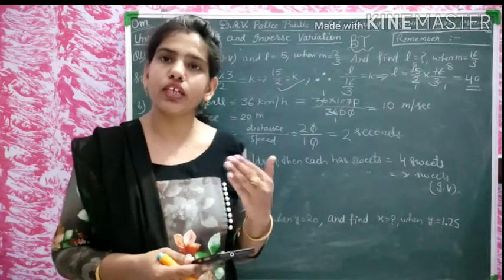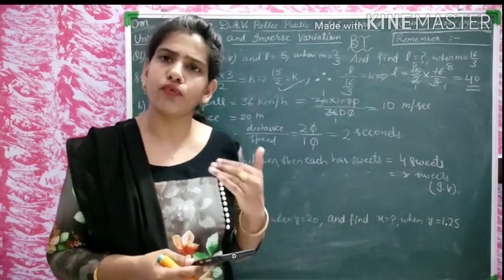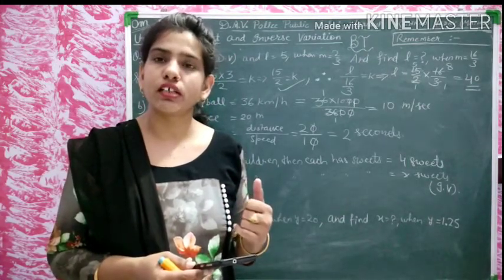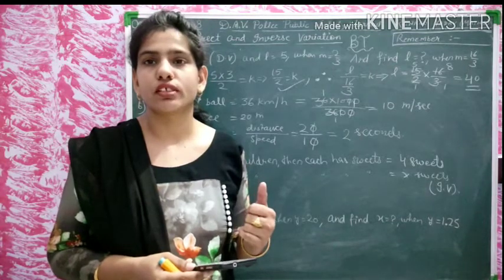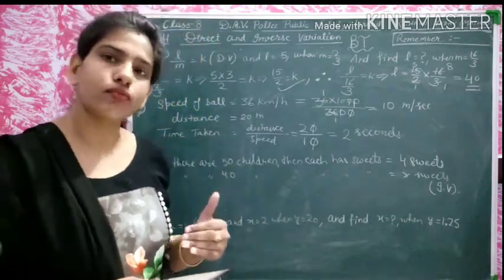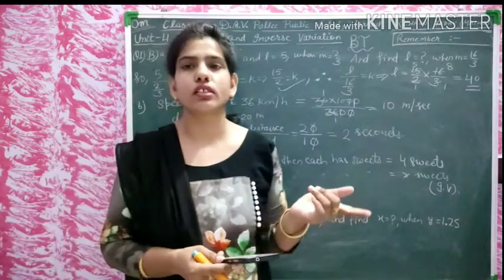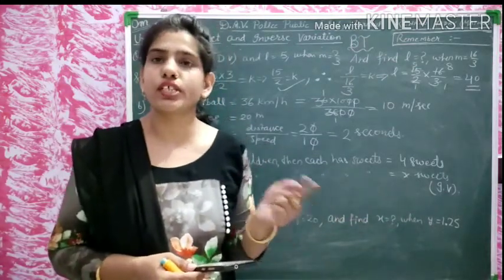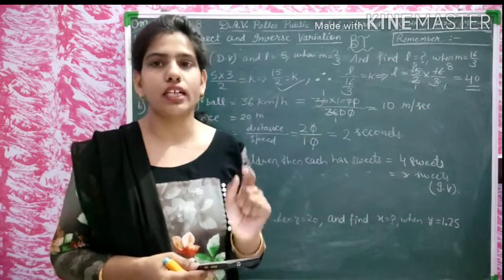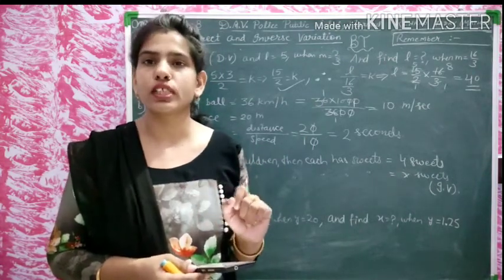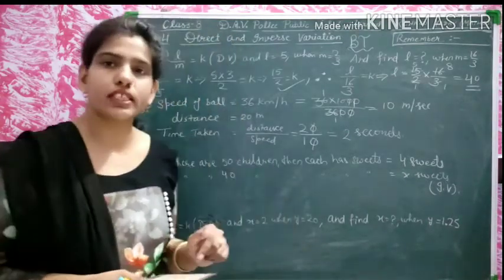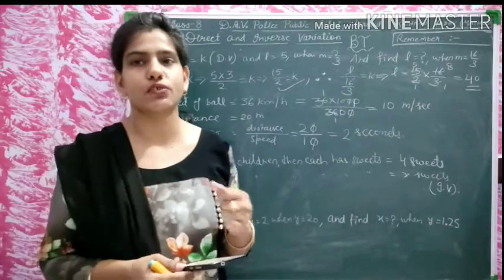But if we take only 40 children, then each child gets more than 4, because there are only 40 children and there were 50 children. All toffees were distributed among 50 children and each one got 4. But if we distribute these toffees to 40 children, how many toffees does each one get?